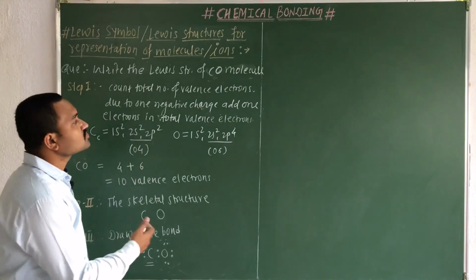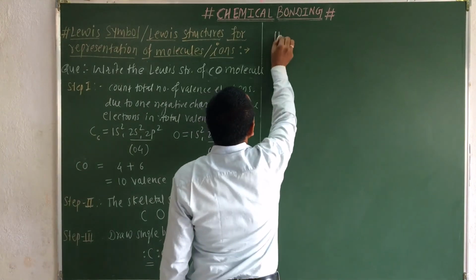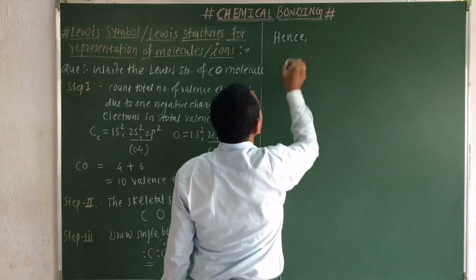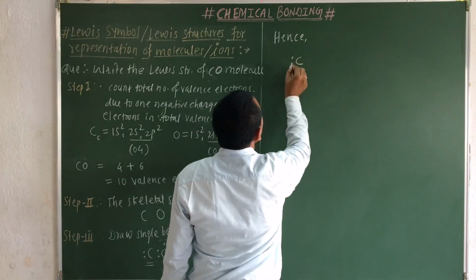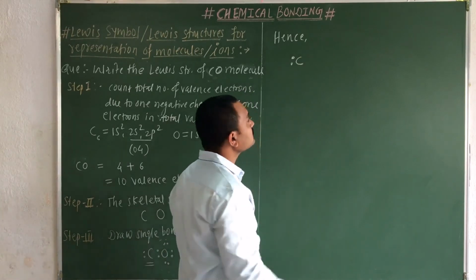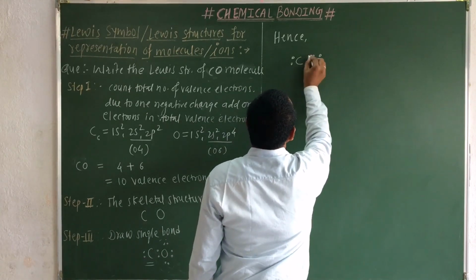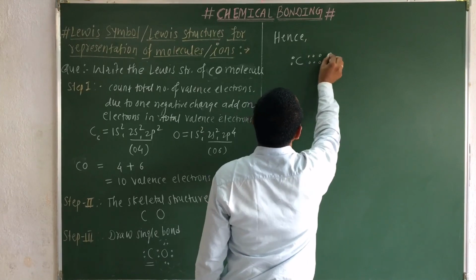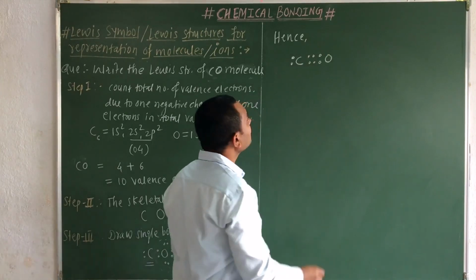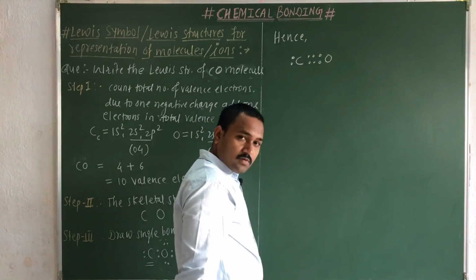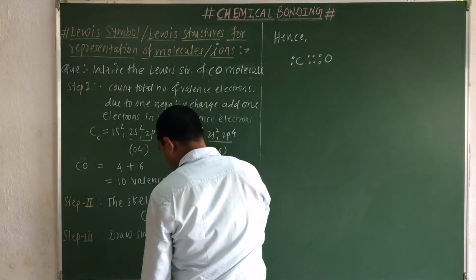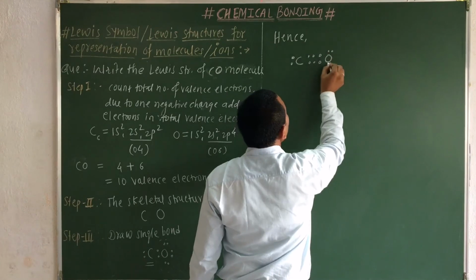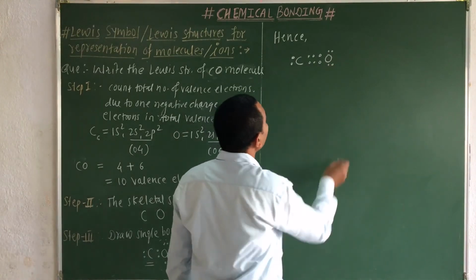its octet. So we can write the Lewis structure for the CO molecule like this: carbon with 2 electrons, then between the carbon and the oxygen there will be 3 pairs, while the oxygen will have 2 lone pairs.